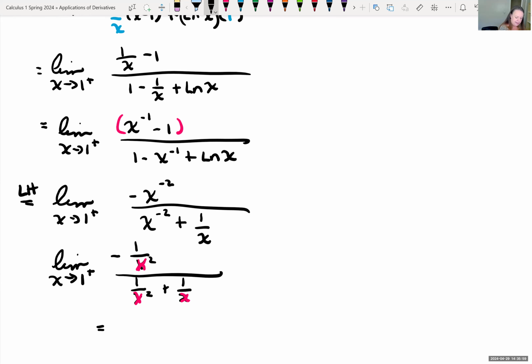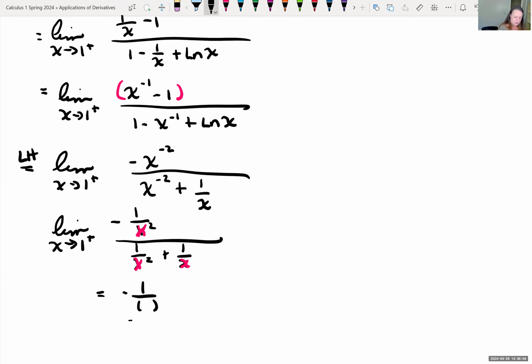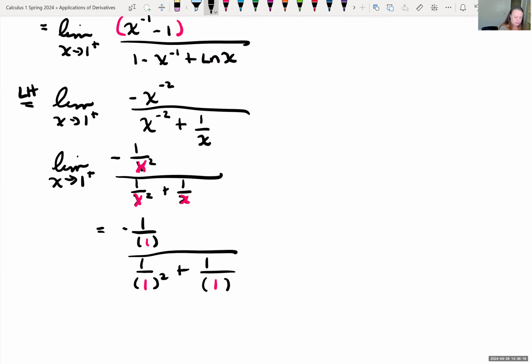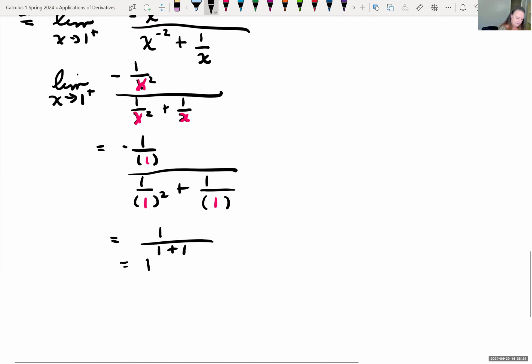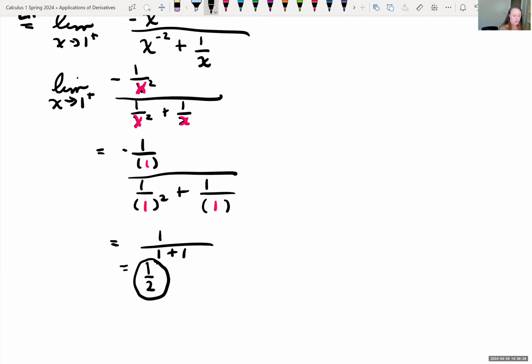So doing that, I would get negative 1 over 1, all over 1 over 1 squared plus 1 over 1. 1 over 1 is 1, all over 1 plus 1 in our denominator. So looking at the limit of our function, we go to 1/2.